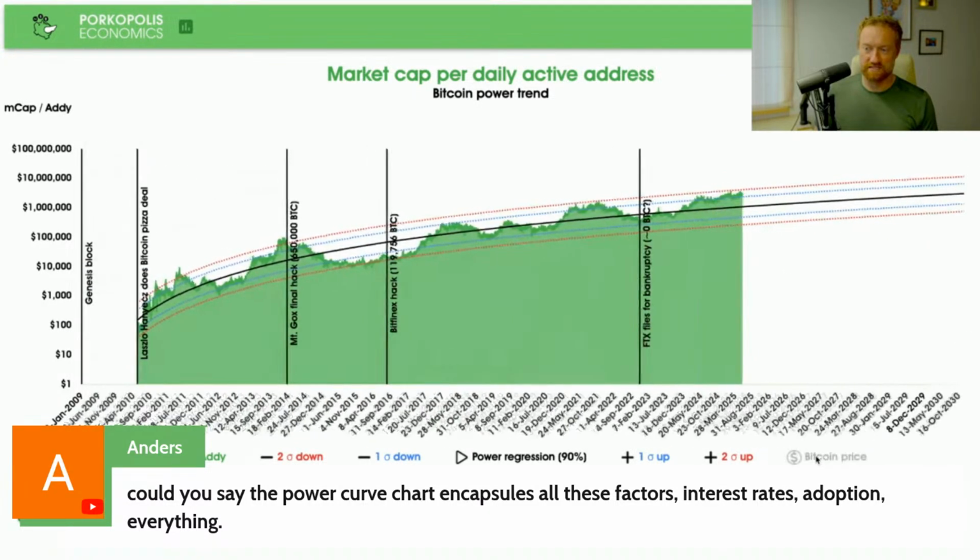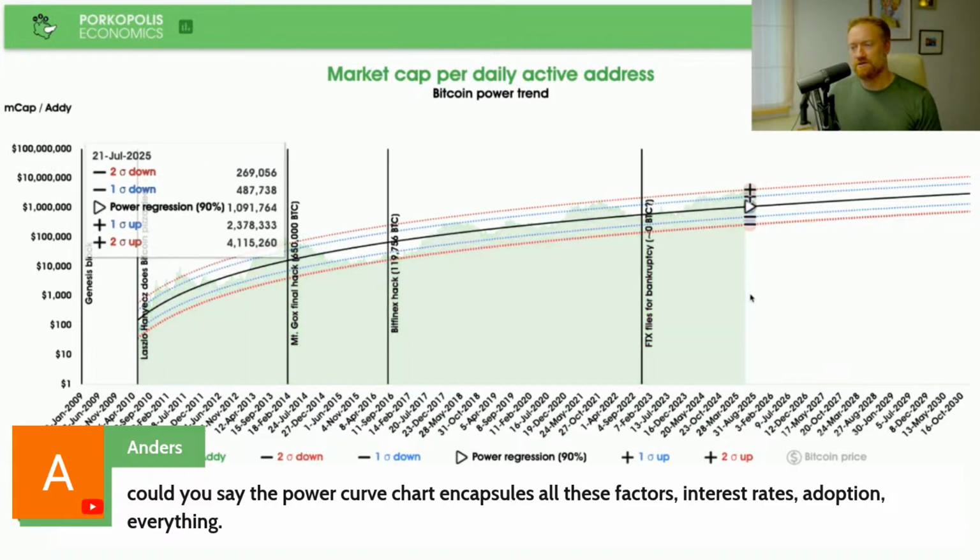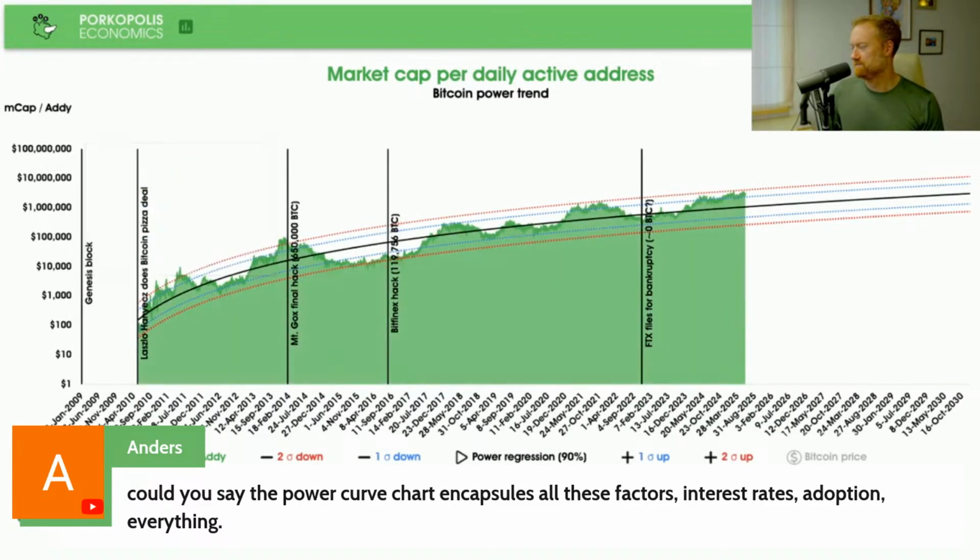Looks wild here, right? But if you smooth it out, put a trend line on it, divide it by something within the network, it grows pretty consistently. So, long-winded way of saying, yes, the power curve does, I think, reflect all of these needs and wants of the market, but in my opinion, adoption is the most important feature.